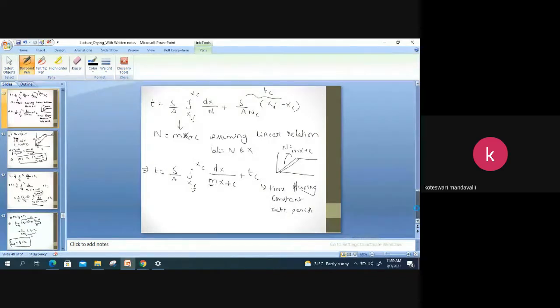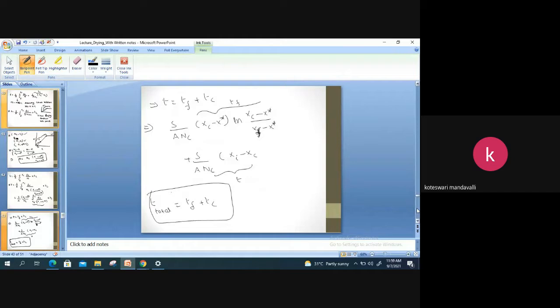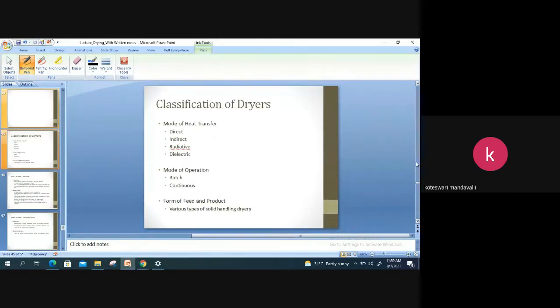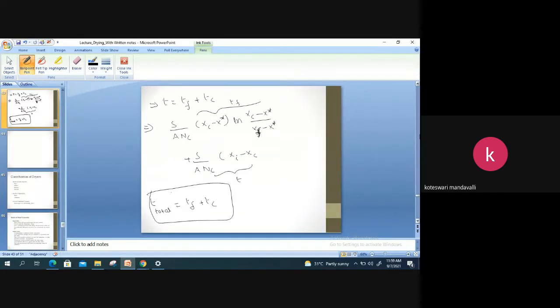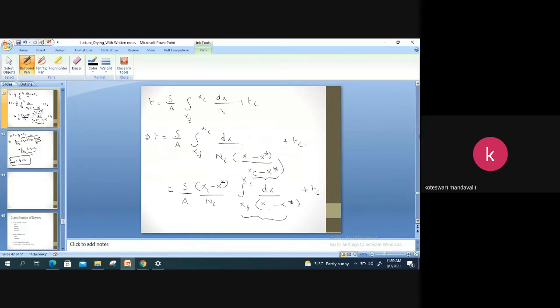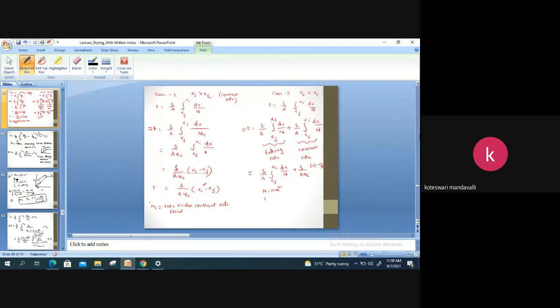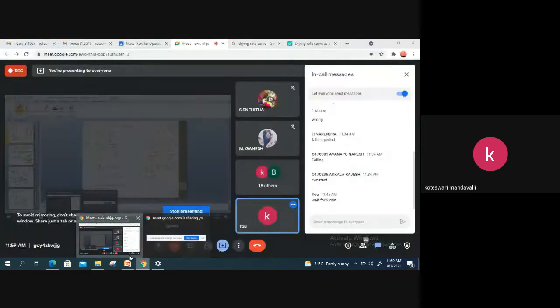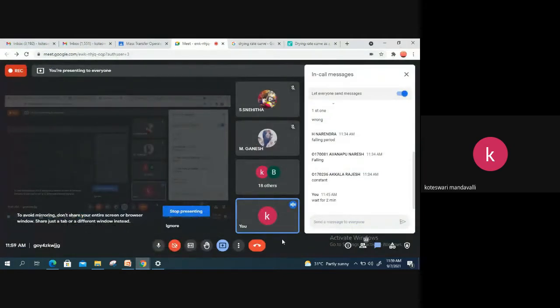I will circulate this document right now, so please go through the document and derive this equation. Finally write down the equation and give me the document. I'll close the session now. It's already late, so we'll meet tomorrow. You can leave now.